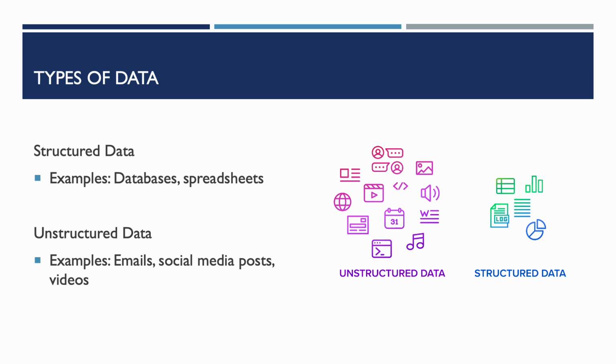On the other hand, unstructured data includes emails, social media posts, videos, which is not structured. So it's very difficult to search anything from there or to organize those data.